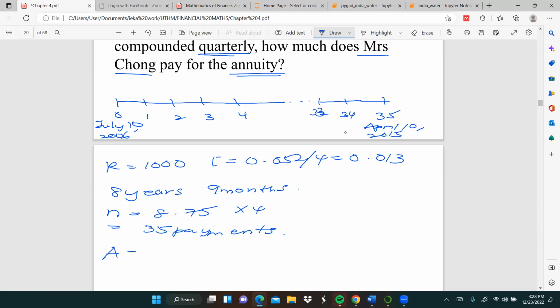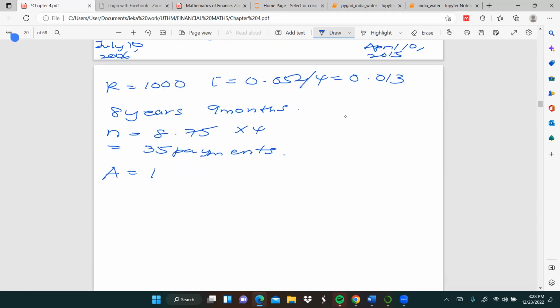So our A is 1000. Okay, A angle 35 at 0.013.